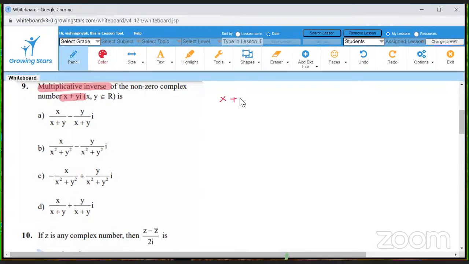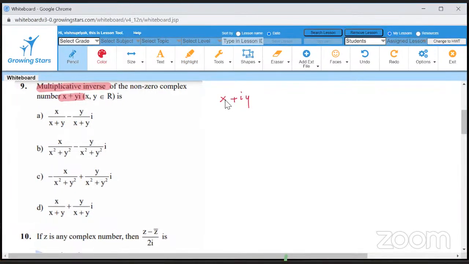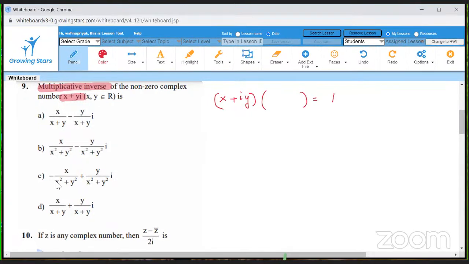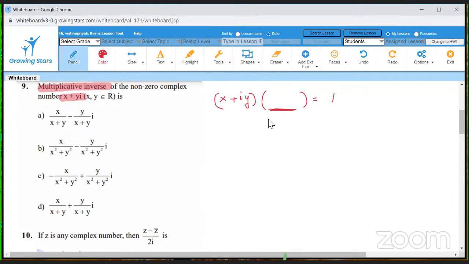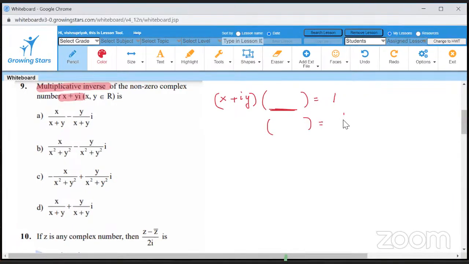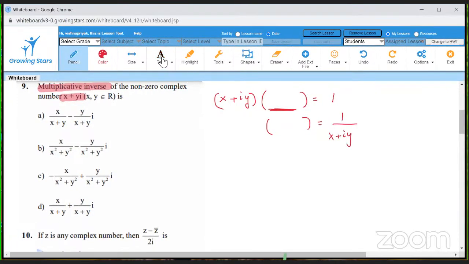They're asking you the multiplicative inverse of x plus iy. What you should multiply to get the answer 1? That is what they are asking. You will get this multiplicative inverse if you do 1 by x plus iy. But 1 by x plus iy is not there in the options. You must get the answer which is there in the options.